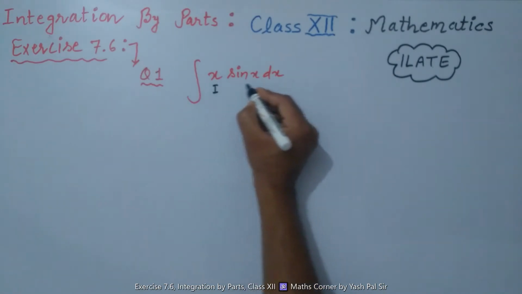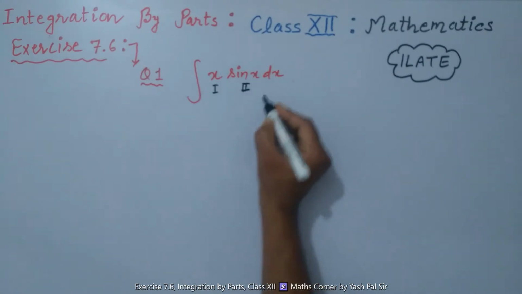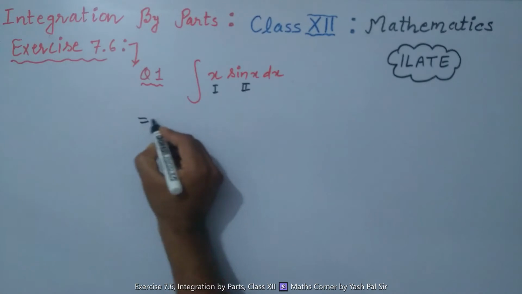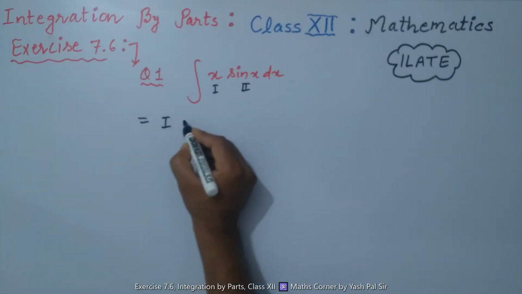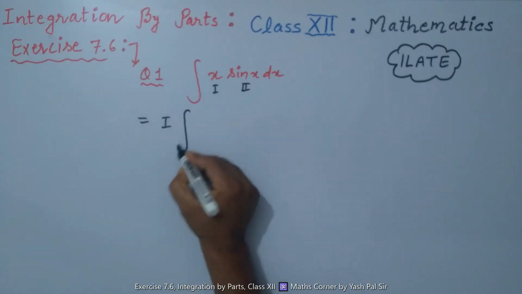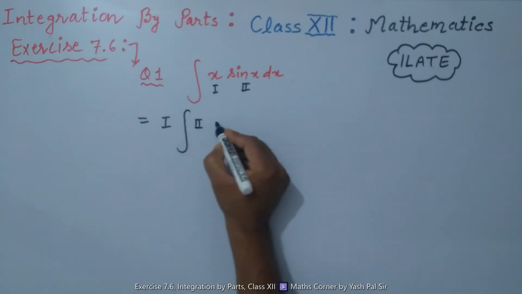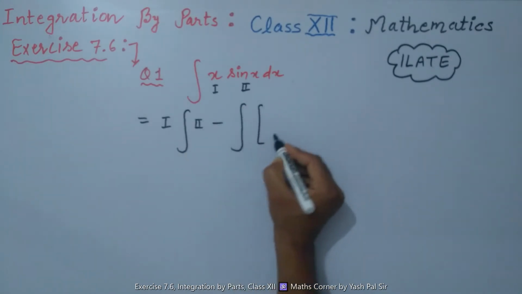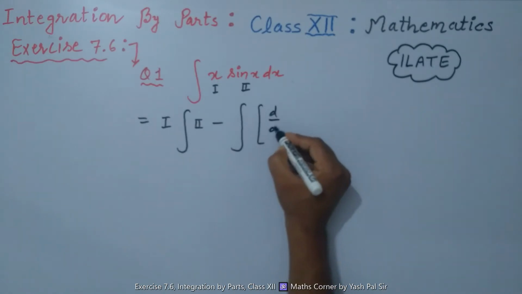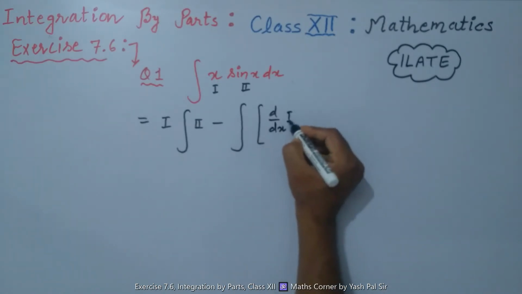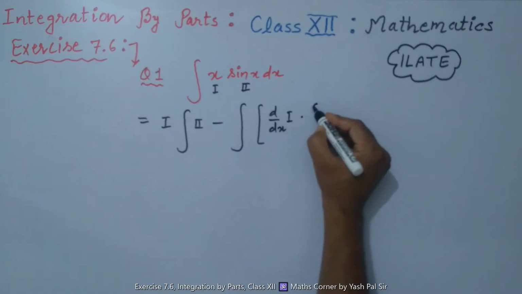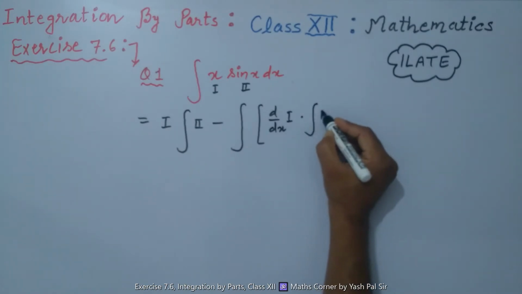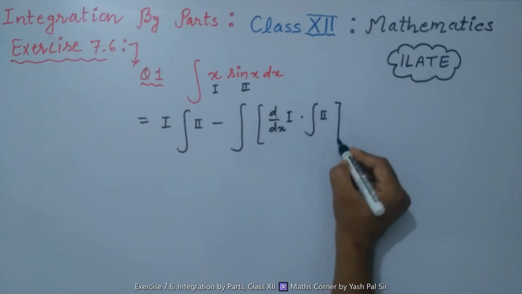So this is the first function and this is the second function. So what is the integration? First function as it is, integration of second function, minus sign, integration of derivative of first function into integration of second function.